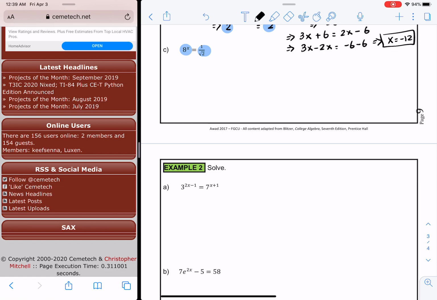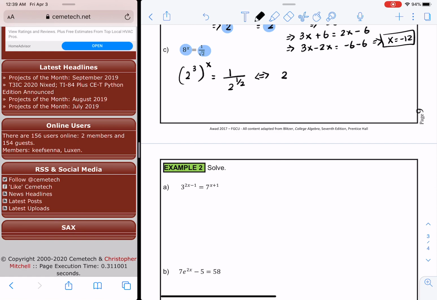But if you realize, we could write 8 as 2 raised to 3, raised to the power x. And 1 over root 2 can be written as 1 over 2 raised to 1/2. So seems like the base 2 is coming into picture slowly.